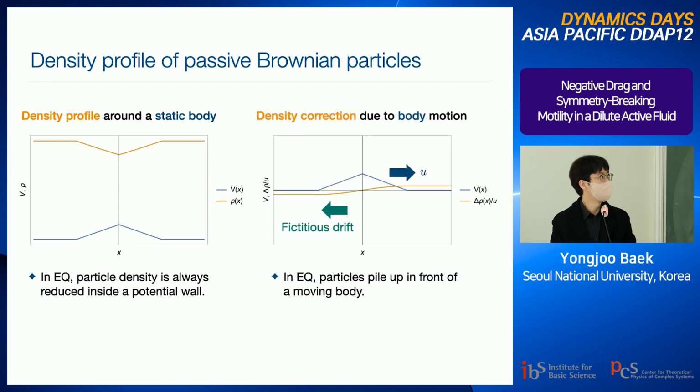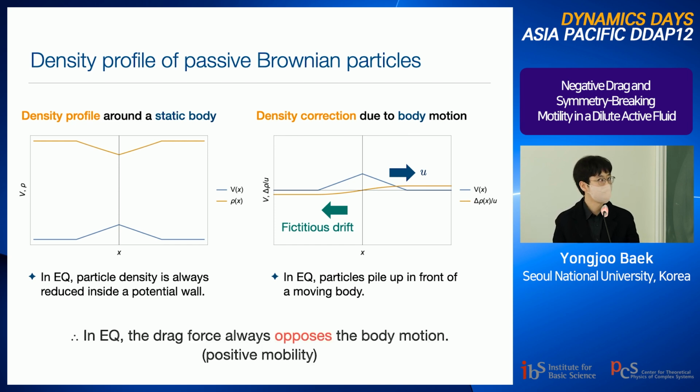And if we try to move this thing to the right-hand side, then up to first order correction in this velocity, the density profile will be modified like this, so that there are more particles in front of the object compared to behind. And this density imbalance will result in some kind of actual pressure drag force. So the drag force opposes the body motion, which is what we usually expect in a situation like this.